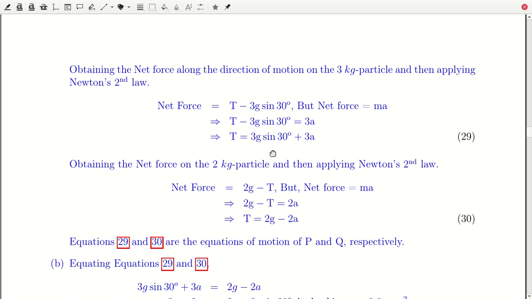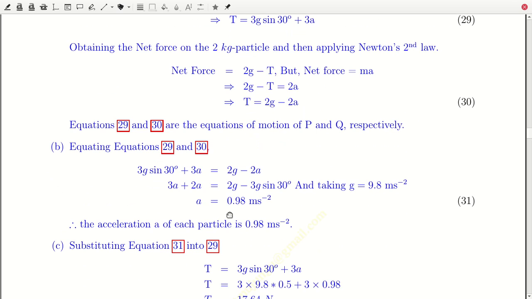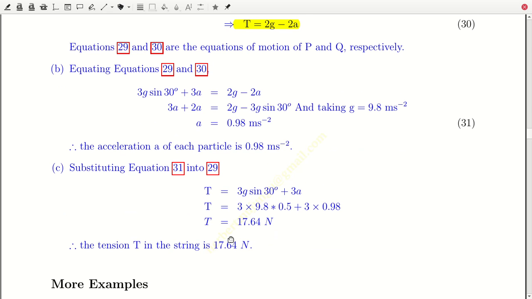In my case, I just equated the 2 equations, and I got my acceleration as 0.98 meters per second squared. If I substitute this, for example, in equation 30, you can use either equation 30 or equation 29, I was able to get the tension as 17.64 newtons.